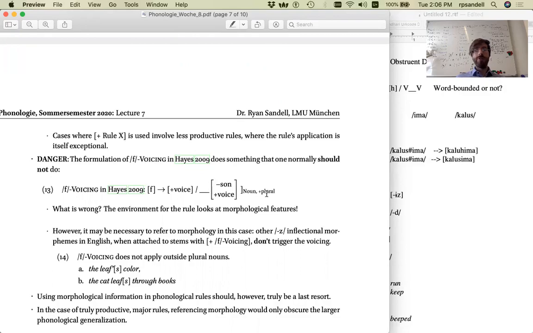And this reference to morphological characteristics in a phonological rule is something we generally want to avoid.